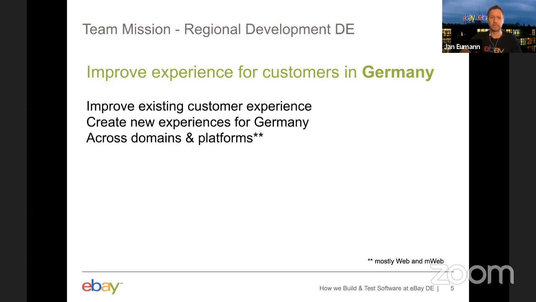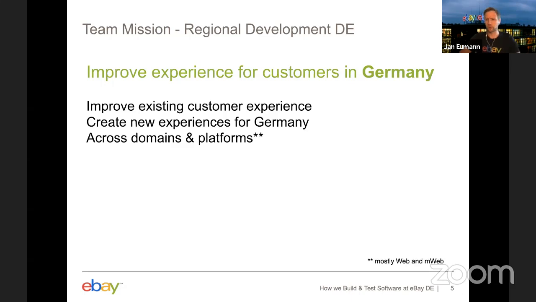What's important to know is that we work across all these different domains. If we work on checkout, we work with the checkout team and try to figure out how we can work together, what their process looks like, and then we integrate so that it makes sense for both teams. That also means we can work across platforms.